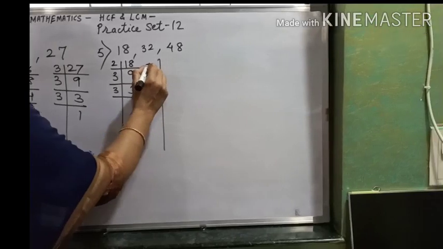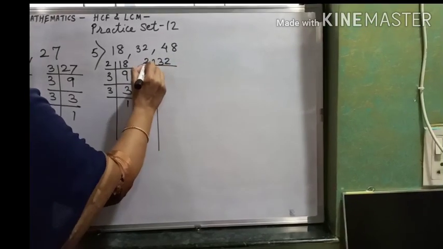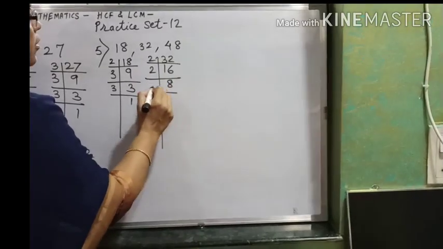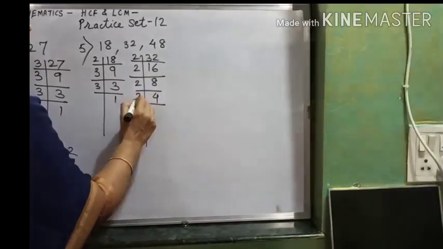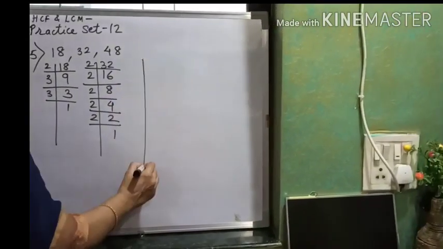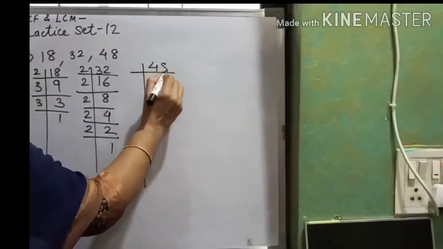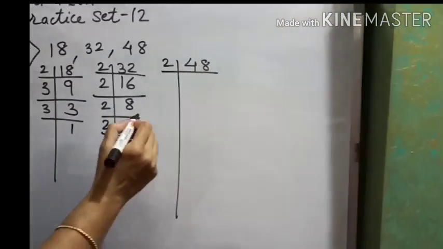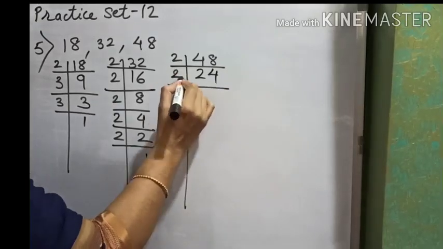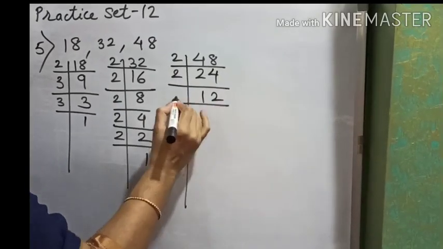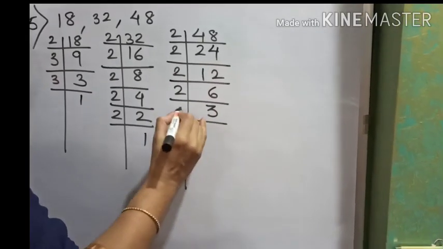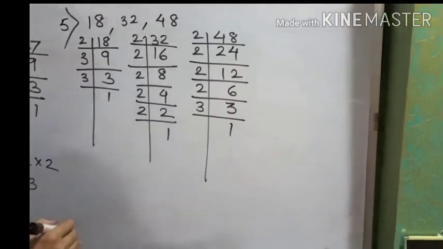Find out the factors of 32, 2 16s are 32, 2 8s are 16, 2 4s are 8, 2 2s are 4, 2 1s are 2. Then find out the factors of 48. It is divisible by 2, 2 24s are 48, 2 12s are 24, 2 6s are 12, 2 3s are 6, 3 1s are 3.